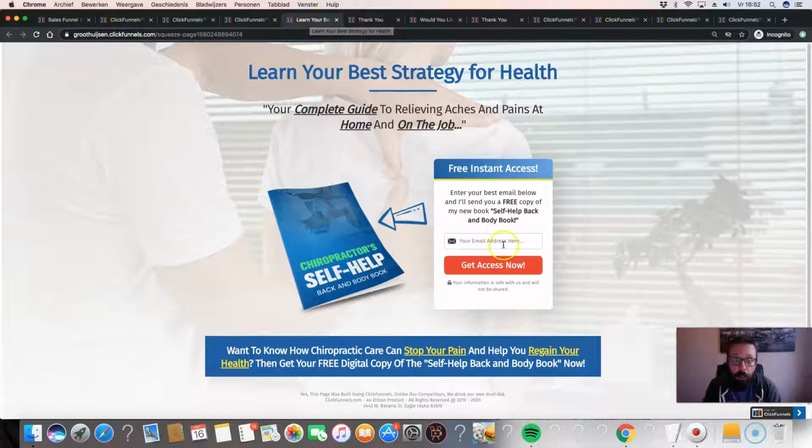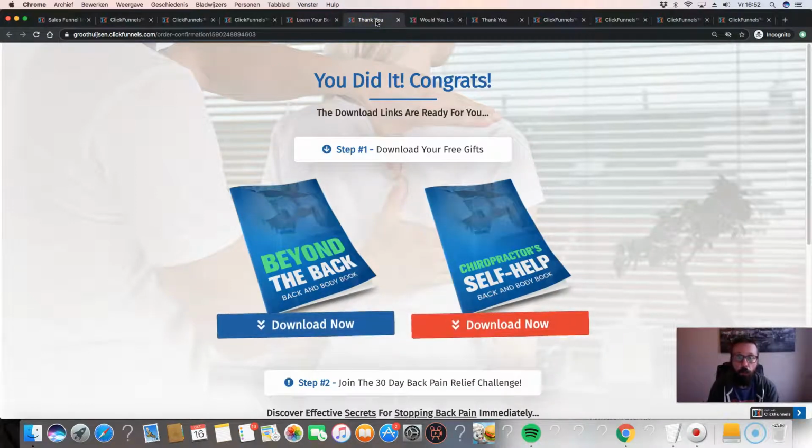So they opt in, they give their email address, and then they enter, and you go to the second page. A funnel is just like a path that you want your customer to take. This is all about downloading the book and getting the email address so you build your list and can market to those people who opted in for this book for free.